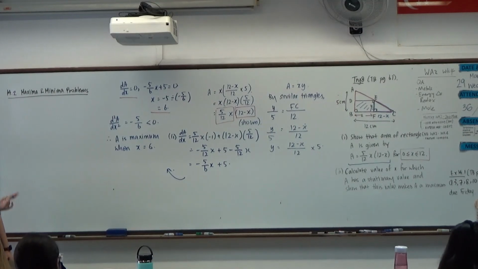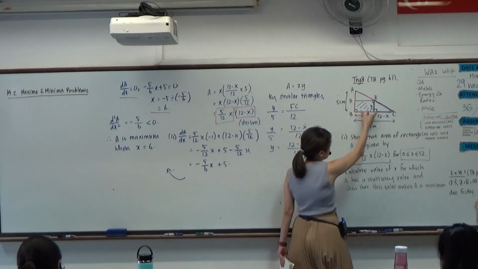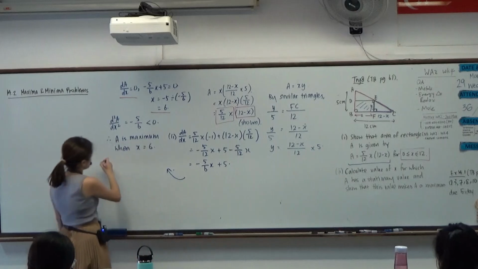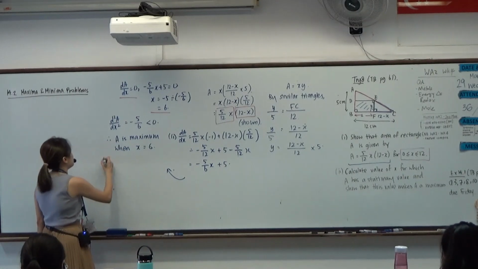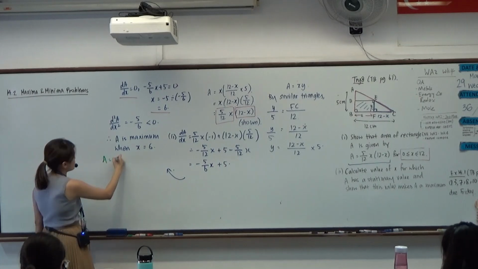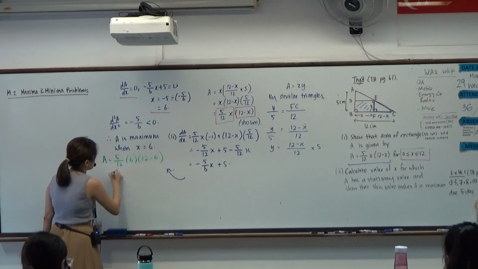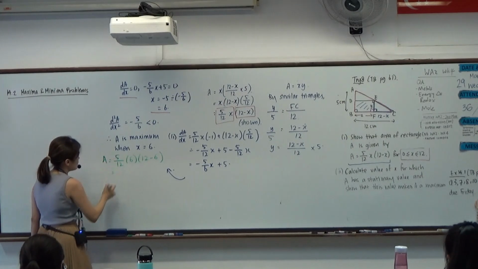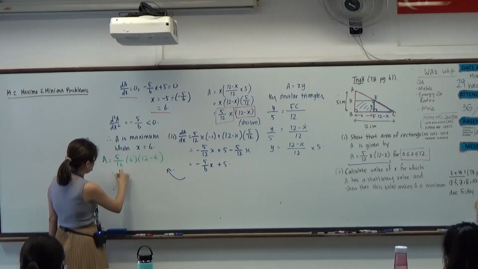But if you really want to find out the maximum area of the rectangle that it could get, you could find that out by taking x equals 6 and placing it inside the formula for A. So we would get 6 times 36 divided by 12 plus 15.